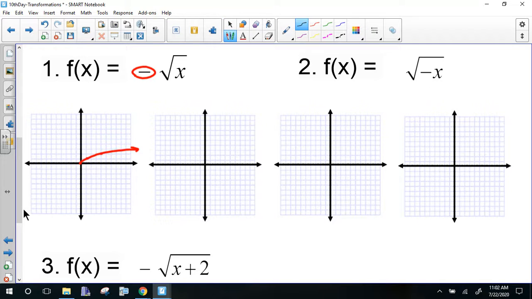So my true equation is this one. If the x is on the inside, that flips it over the y-axis. So I'm going to flip it this way. Okay.